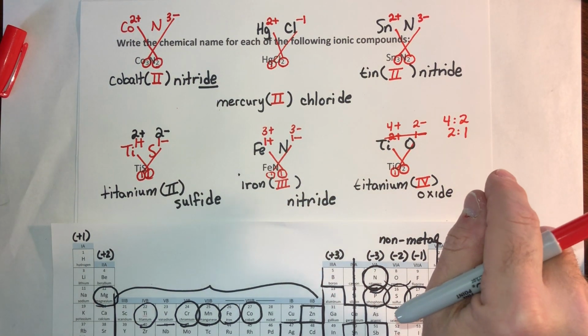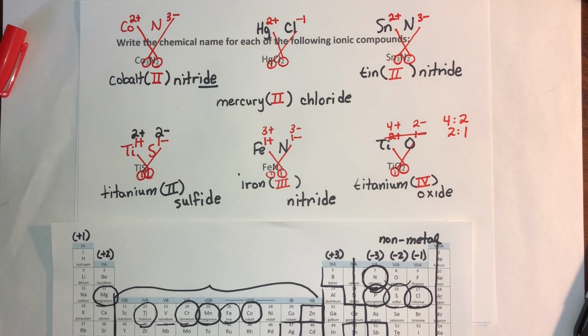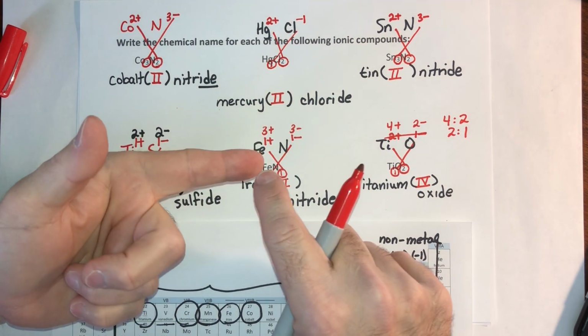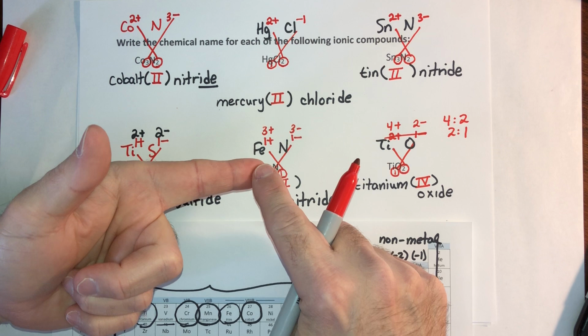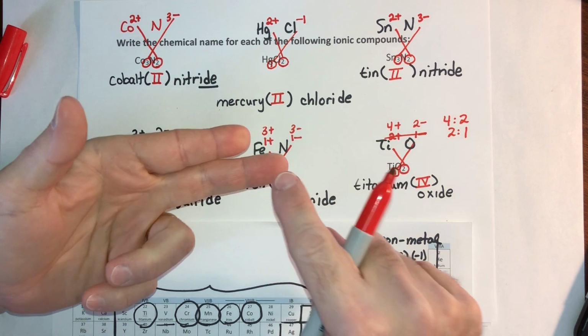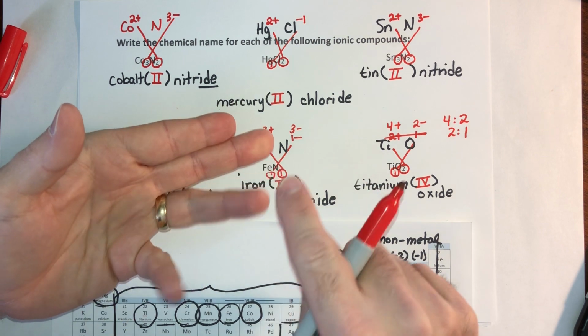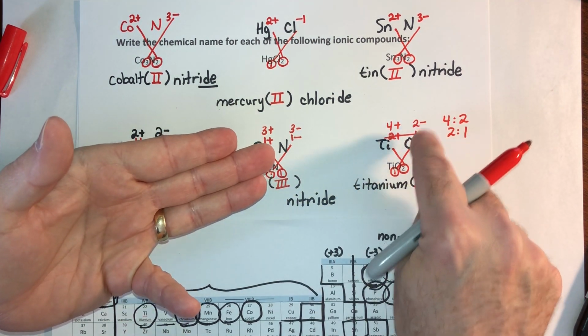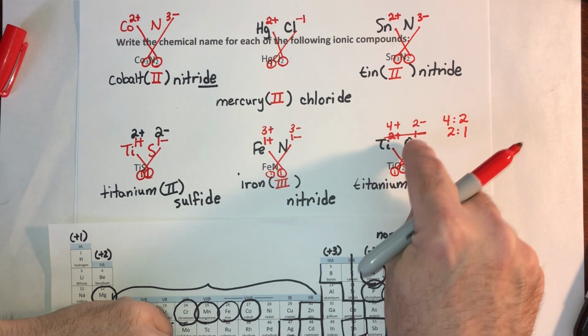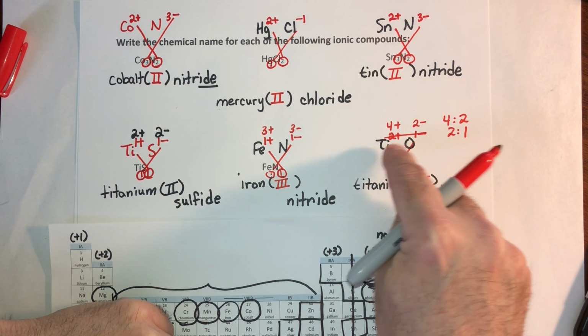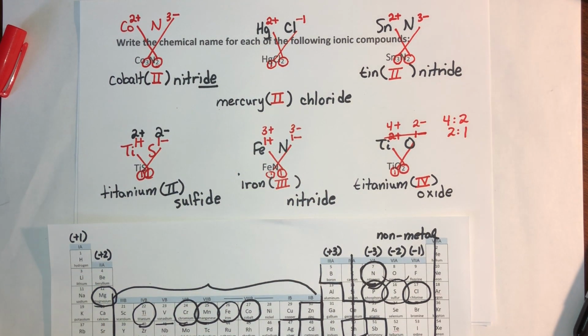So when you're naming and writing formulas, if you're naming, you always have to ask yourself, does the metal need a Roman numeral? If it does, what is the Roman numeral? And when you go looking for it, did I get the right charge on the nonmetal? Because if the charge on the nonmetal is right, it will tell you if the charge on the metal is correct.